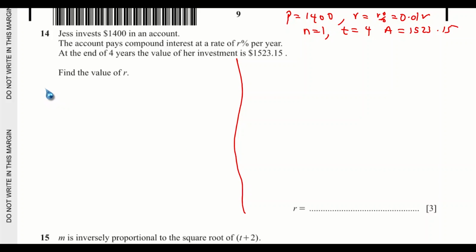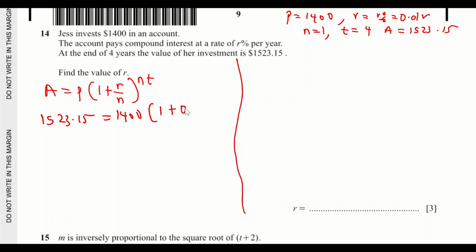So let's use the formula. The amount equals the principal multiplied by 1 plus R over n, to the power of n t. If you key in the values, 1523.15 equals 1,400 times 1 plus 0.01 R over 1, to the power of 1 times 4. So let's divide both sides by 1400.